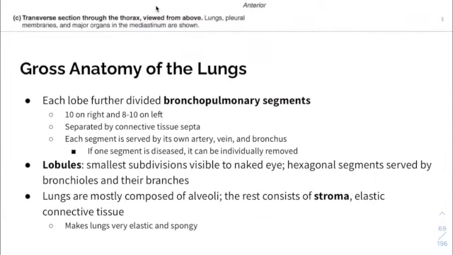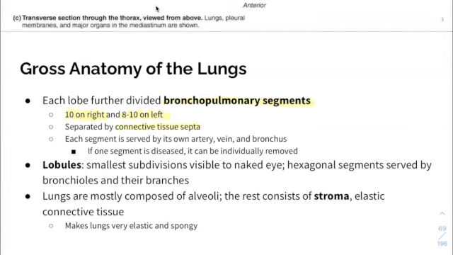As we've talked about the steps from the bronchi all the way down to the alveoli, each lobe can also be divided in other ways. Each lobe can be divided into bronchopulmonary segments. There's 10 on the right because there's more space on the right lung, and 8 to 10 on the left. It kind of depends. They're separated by some kind of connective tissue.